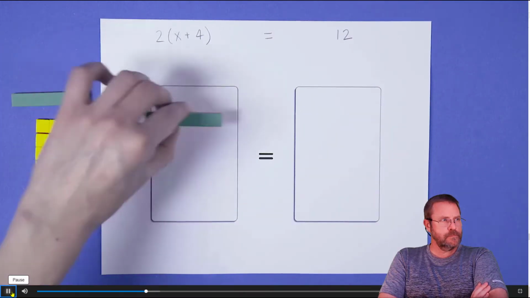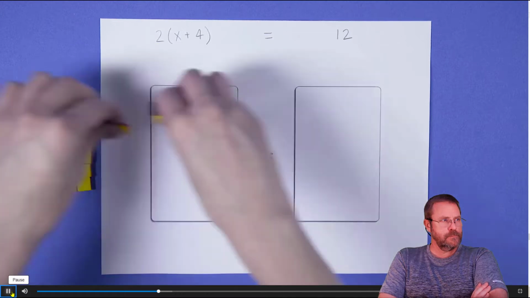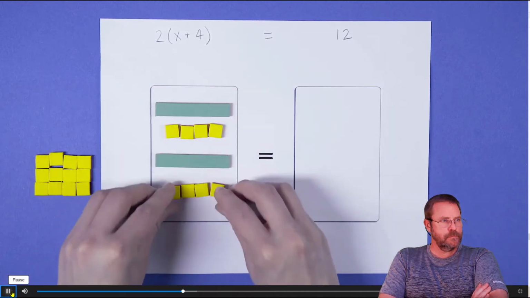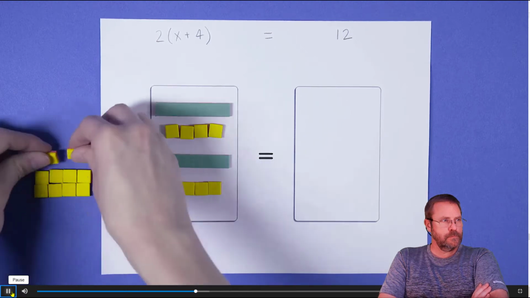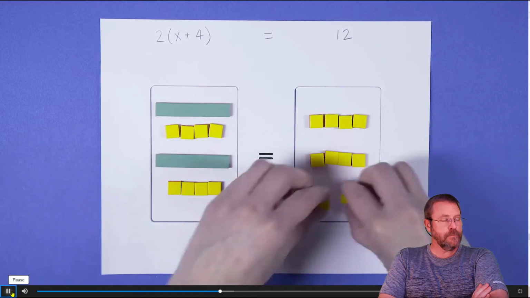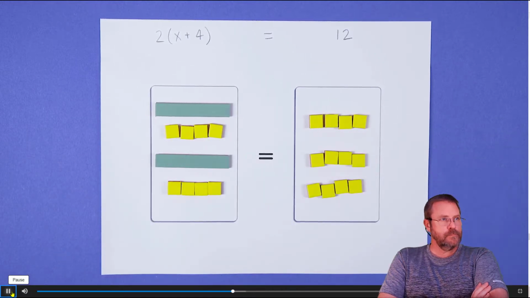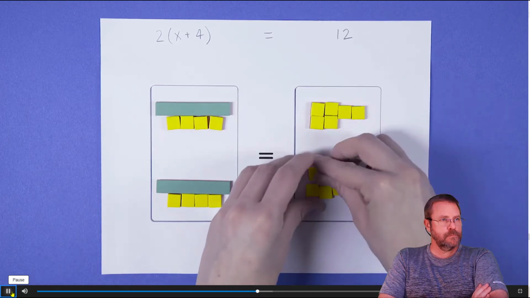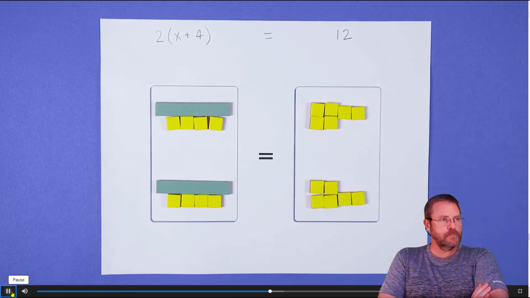To model the equation, place two groups that each have one x tile and 4 yellow tiles on the left side of the mat. Place 12 1 tiles on the right side. Arrange the tiles into 2 equal groups on each side of the mat. Each group is equal to x plus 4 equals 6.